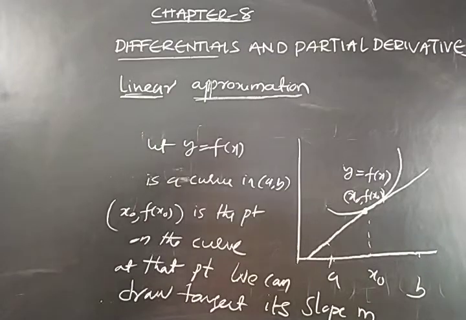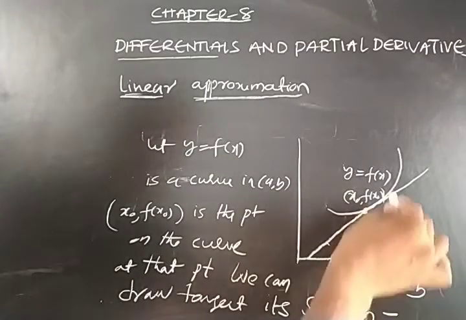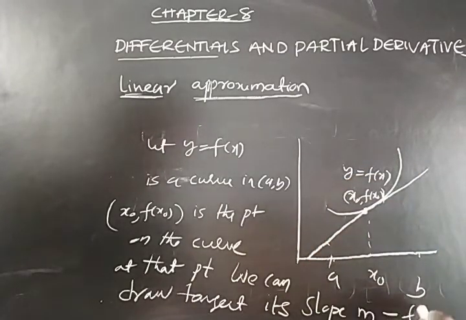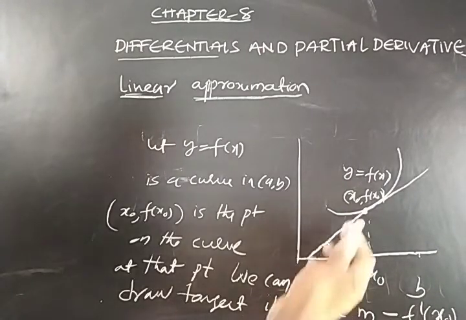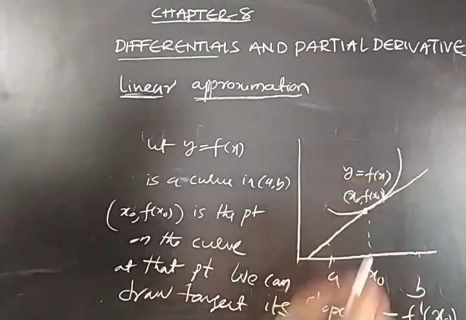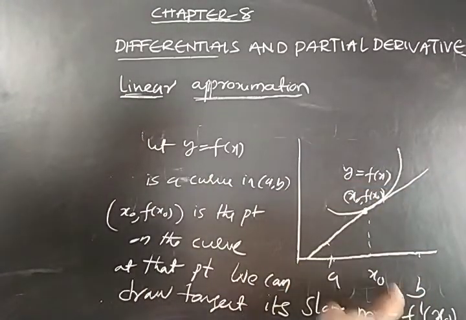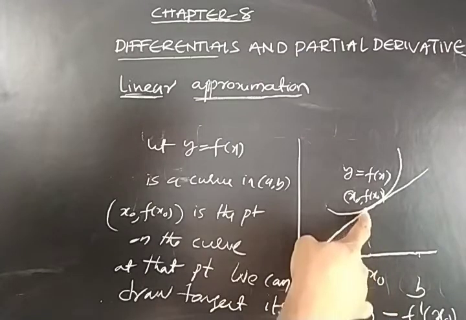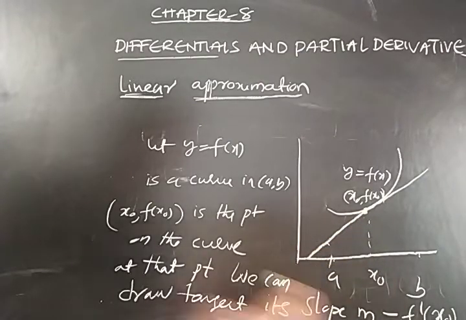How can we get the slope of the tangent? By differentiating the function: m equal to f dash of x naught. We find the slope at the point, so by substituting x naught we get the slope.